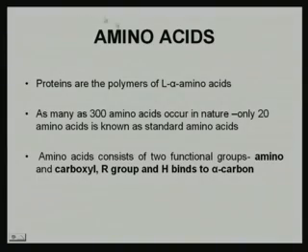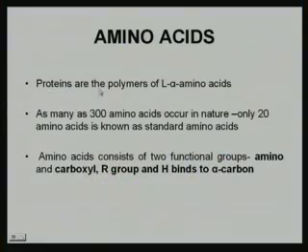Amino acids are the basic building blocks of the protein molecule. Proteins are macromolecules which are polymeric in nature, and the basic constituents of these polymers are the alpha amino acids.